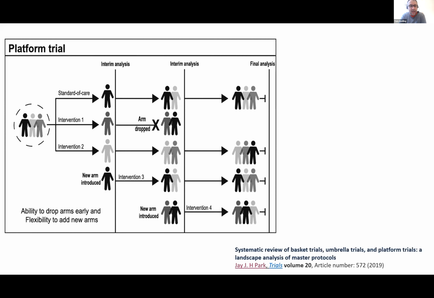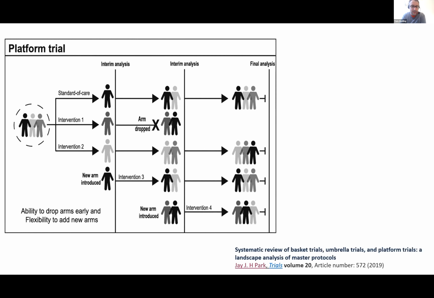And what that allows you to do is to be able to drop any treatments that are not appearing promising. So treatments that have a low probability of being effective or of being the best treatment or intervention for that particular patient type. But it also allows you to introduce new interventions, new treatments over time.